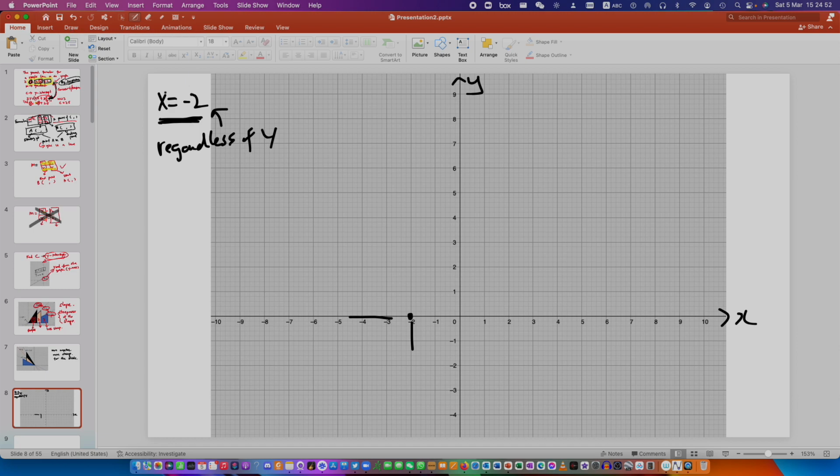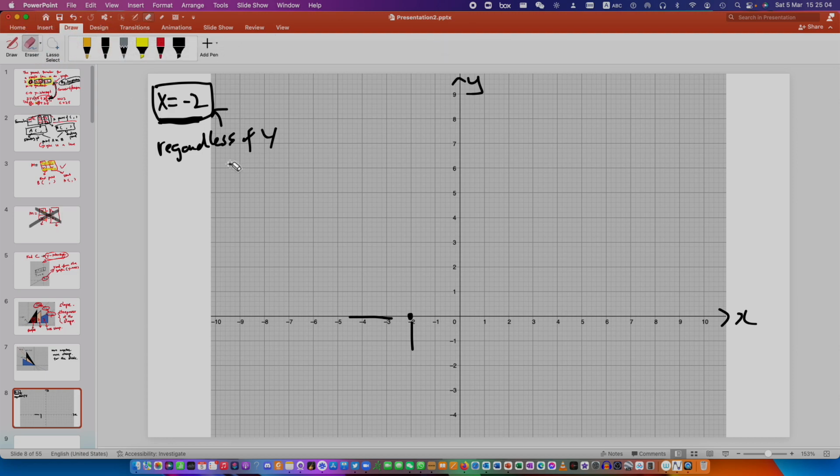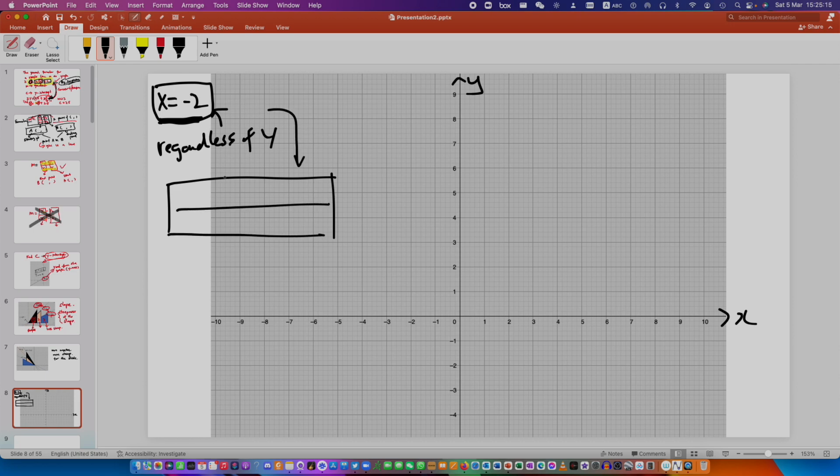That means basically x equals -2, what it means is I'm always -2. What did I say? Regardless of y, x is always -2. Correct. So let me just do a table based on this understanding. What did you say just now?